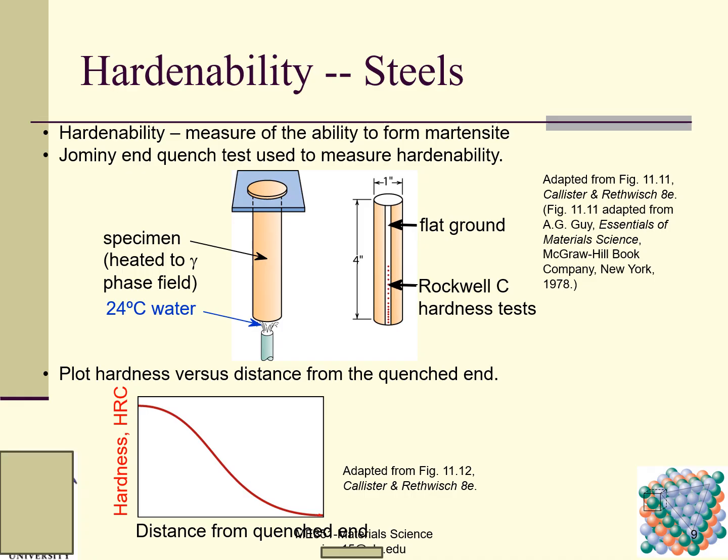It means that if it is very, very easy for a material to form martensite, we say its hardenability is very, very high. On the contrary, if for another material it is very, very difficult to get martensite, we say the second material has a lower hardenability.